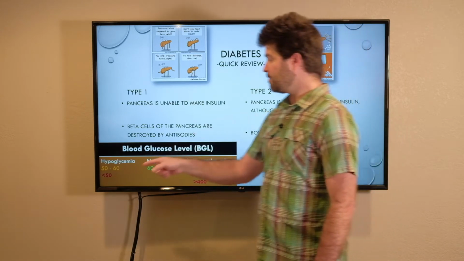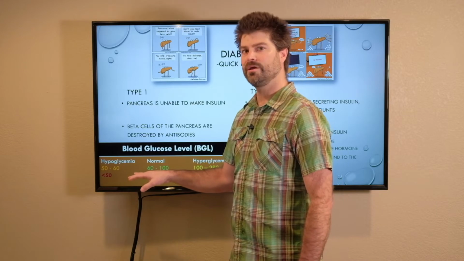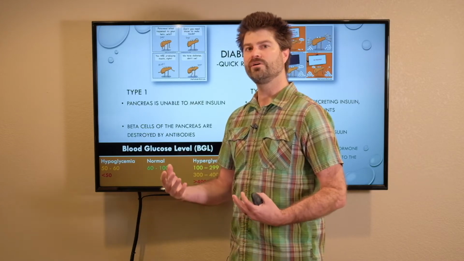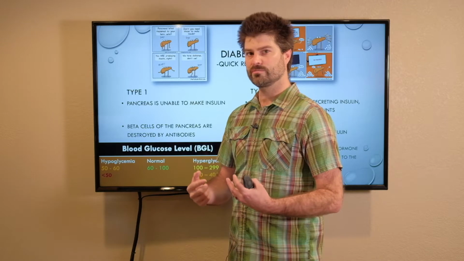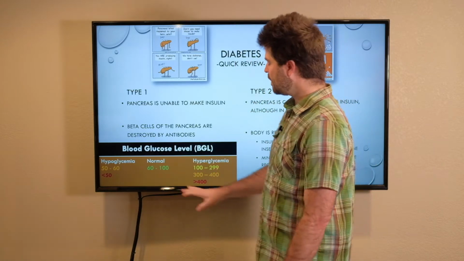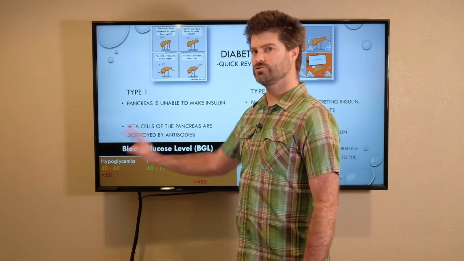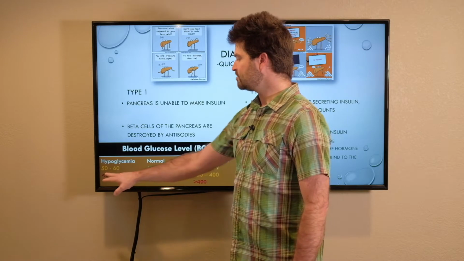On the other hand, hypoglycemia, this is what causes real problems for patients, especially in the hospital, where they have different changes in their metabolism that require different levels of glucose and insulin. So we don't even have a yellow zone for hypoglycemia. We go straight to our orange zone, which is 50 to 60.